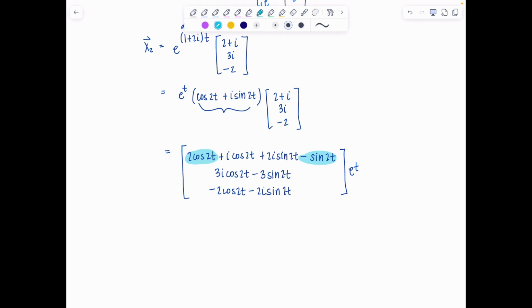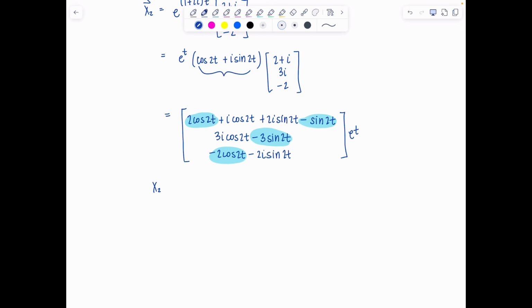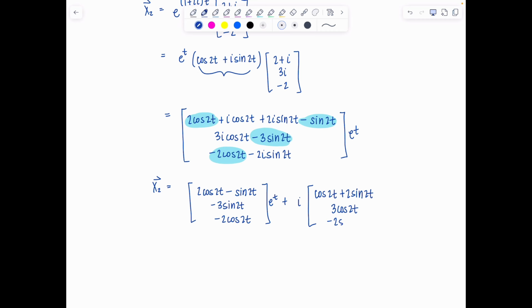Okay. So those are the real. This is real. This is real. Perfect. Okay. x2 equals 2 cosine 2t minus sine 2t, negative 3 sine 2t, and negative 2 cosine 2t. e to the t plus I times cosine 2t plus 2 sine 2t, 3 cosine 2t, and then negative 2 sine 2t e to the t.